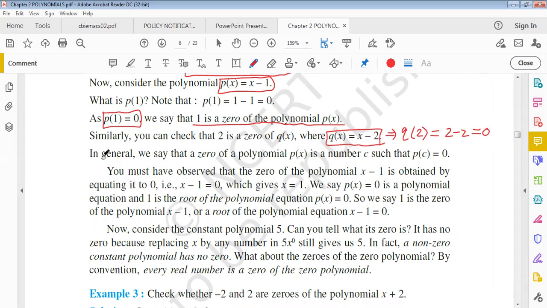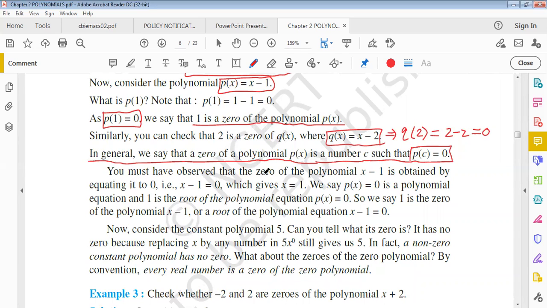So in general, what is the definition of zero of the polynomial? In general, we say that a zero of a polynomial p(x) is the number c such that p(c) equals 0. If in place of x we replace any number c and the polynomial becomes 0, then that value of x is known to be the zero of the polynomial.